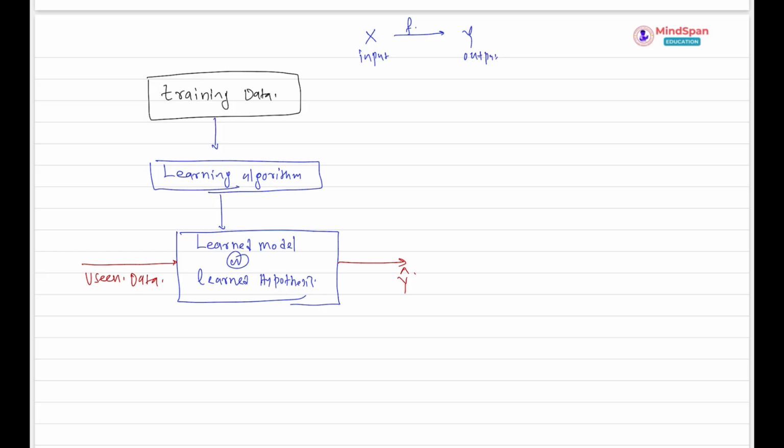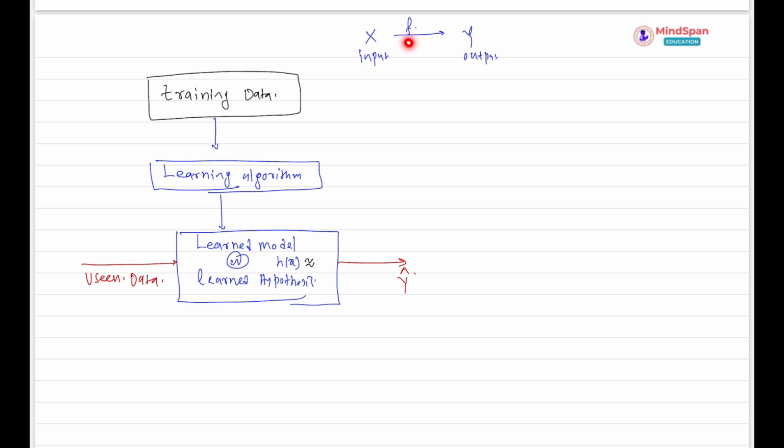And once we have this learned model, so what will this learned model be? Let me say the learned model is h of x, right?